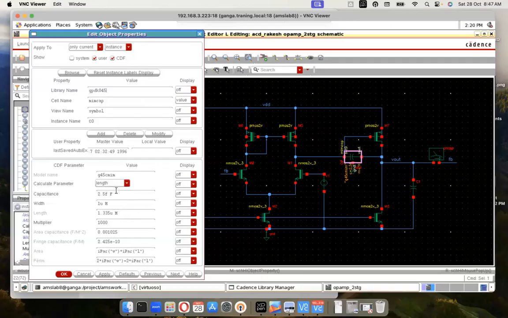You can give capacitance, and then one of these three will be auto calculated. The other two parameters you can give. So that's what this calculator does. So here what we have done is we gave capacitance and width, and length is what it calculated. Fine. Yeah.